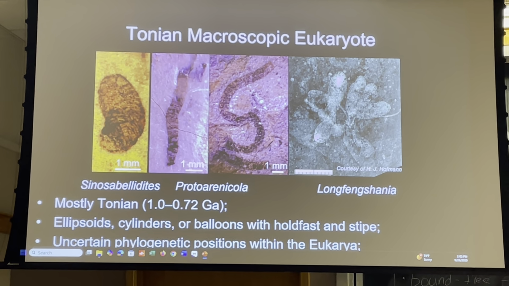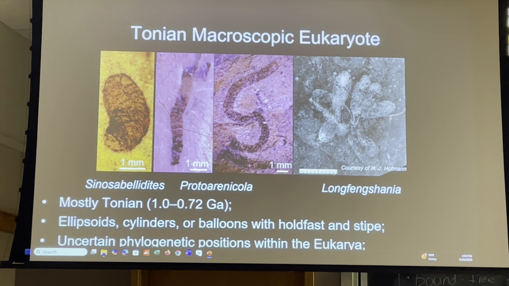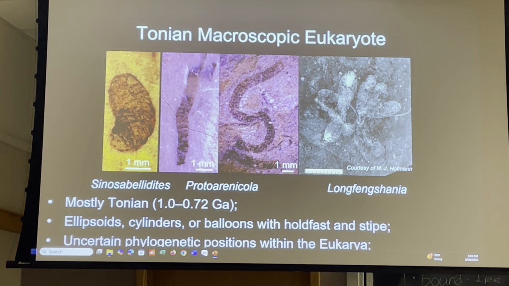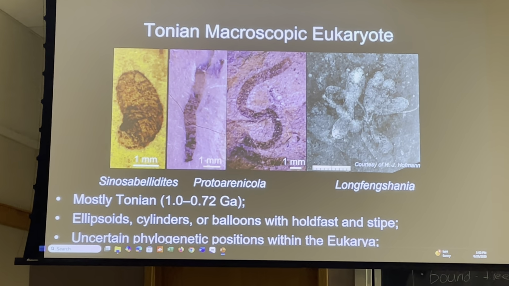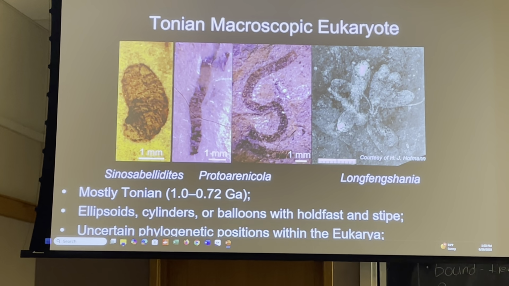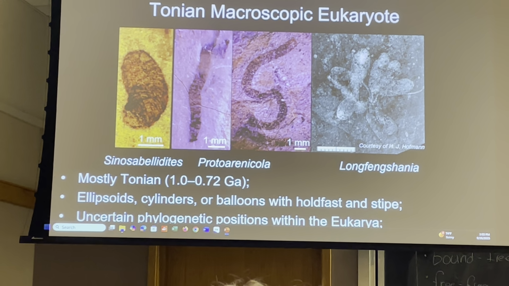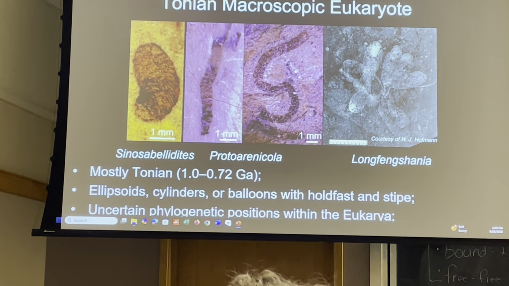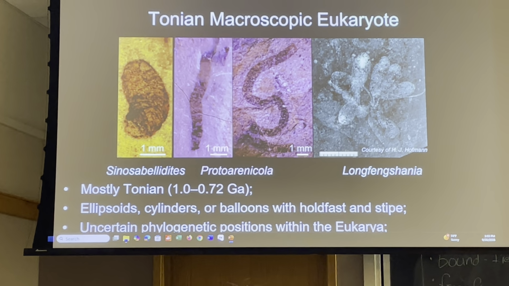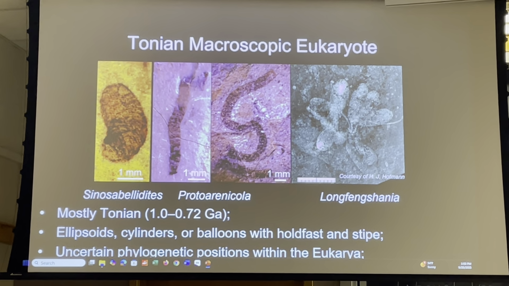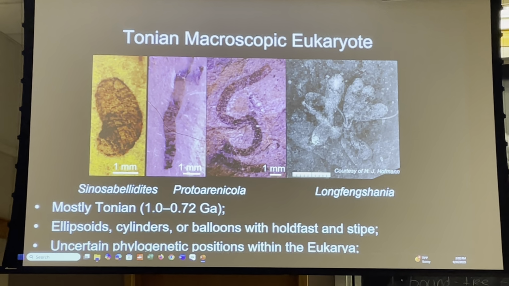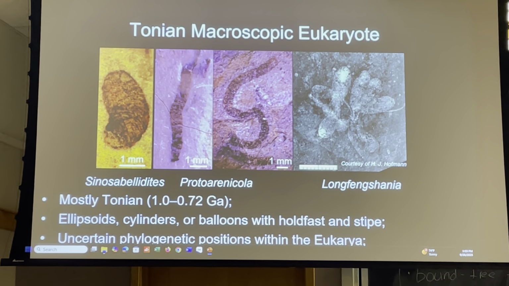They're uncertain in terms of phylogenetic position within the eukaryotes, but I think most of us agree that they are eukaryotes. It's just we don't know where in the eukaryotic tree to place them. Whether they are animals, there's a debate whether any of those could be animals, or algae.